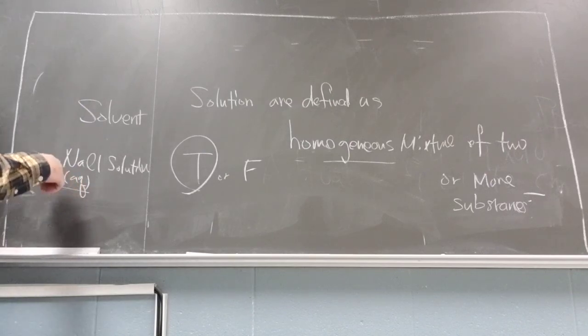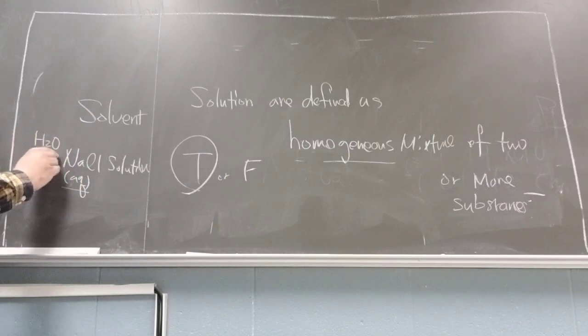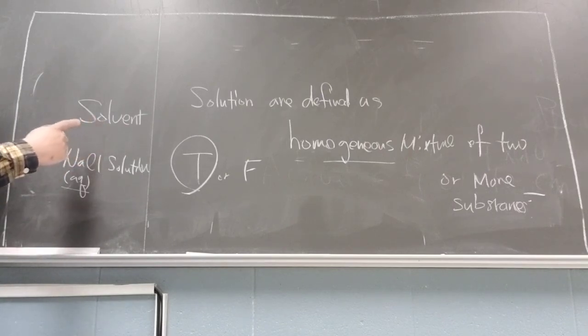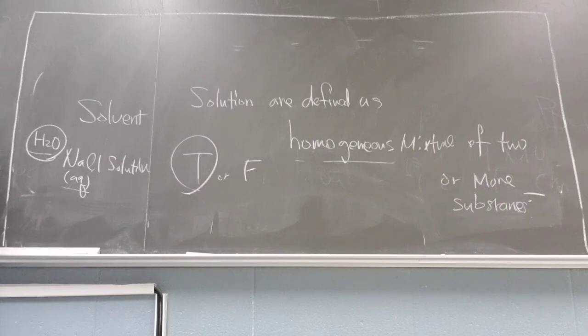Aqueous means it's surrounded by water. So in this case, this aqueous solution, the sodium chloride solution, the water is your solvent. NaCl is your solute. You guys remember this, right? Solution. Okay. So that's true.